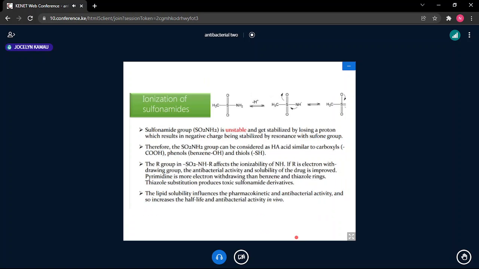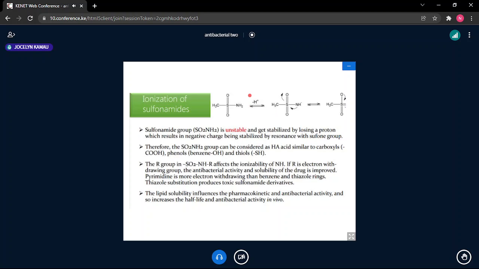The sulfonamide group, or what we are also calling the sulfonyl group, that is the SO2NH2, is unstable and gets stabilized by losing a proton, which results in a negative charge being stabilized by resonance with the sulfone group.